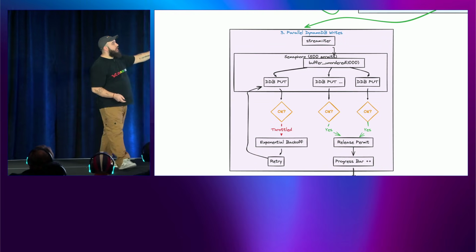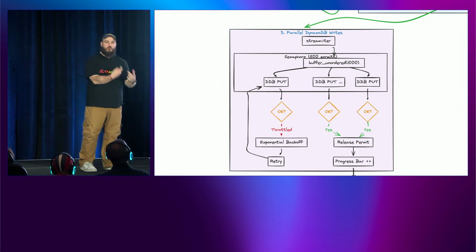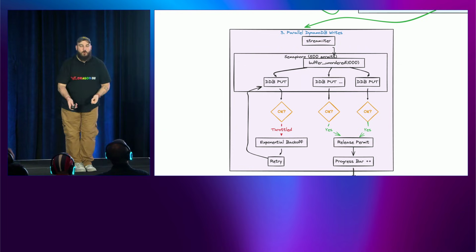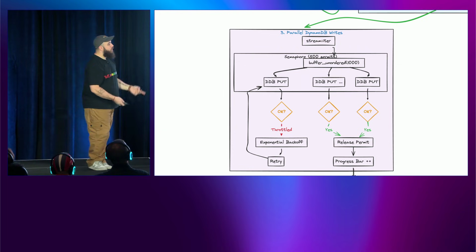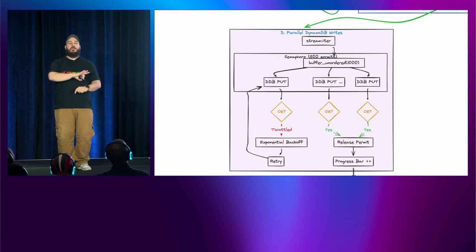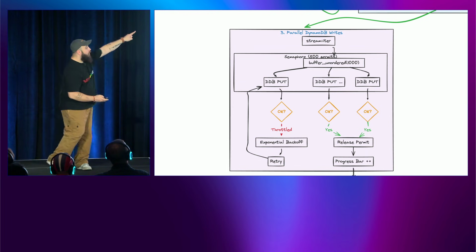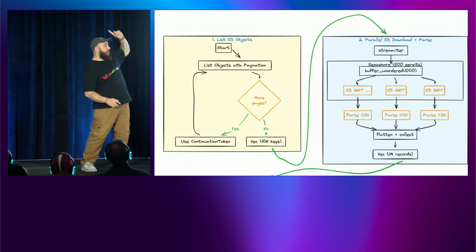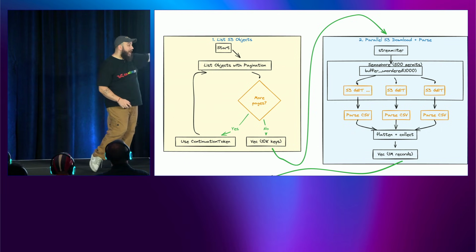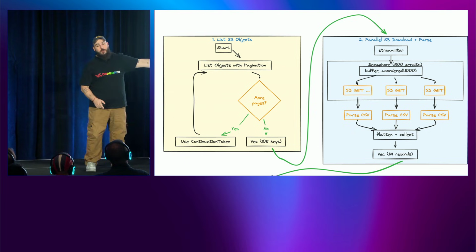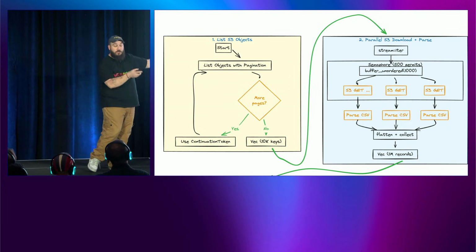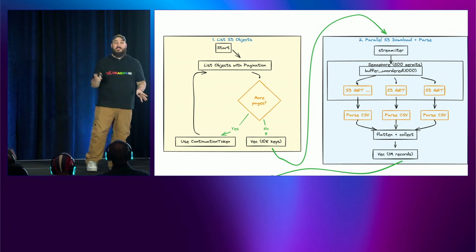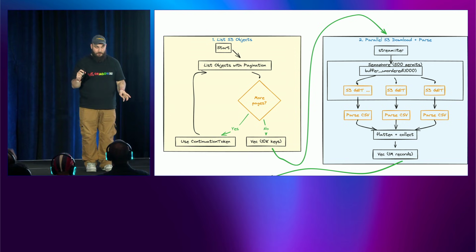What you see here is me using things like streams, like semaphores, like task buffers to do all of this incredibly fast. Going back to this, the whole list 10,000 objects and download 10,000 objects and serialize them into their own structs takes 9 seconds on my laptop in my hotel room.